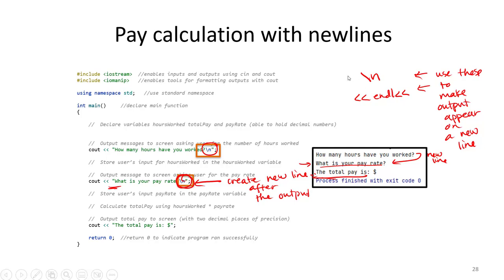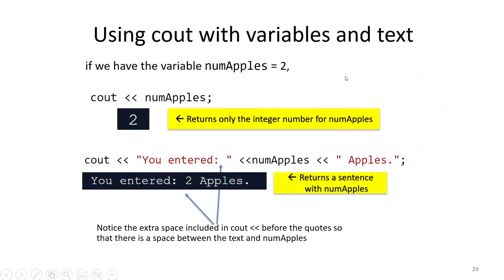All right, let's continue with a little more about using cout with variables and text. You can use cout statements to output values of variables and also different kinds of text. One important thing to note is that the text is outputted exactly as put in the quotes. If I have a space, that space will also be present.